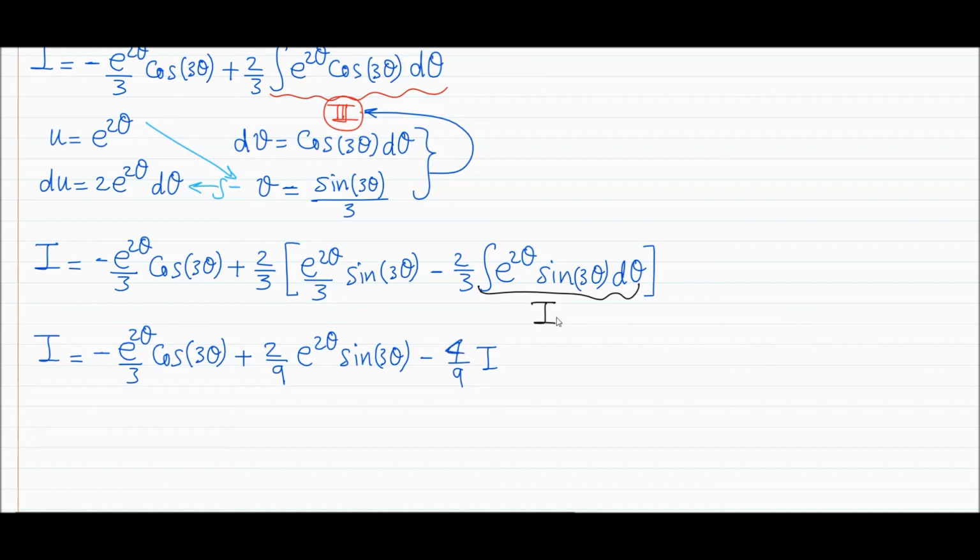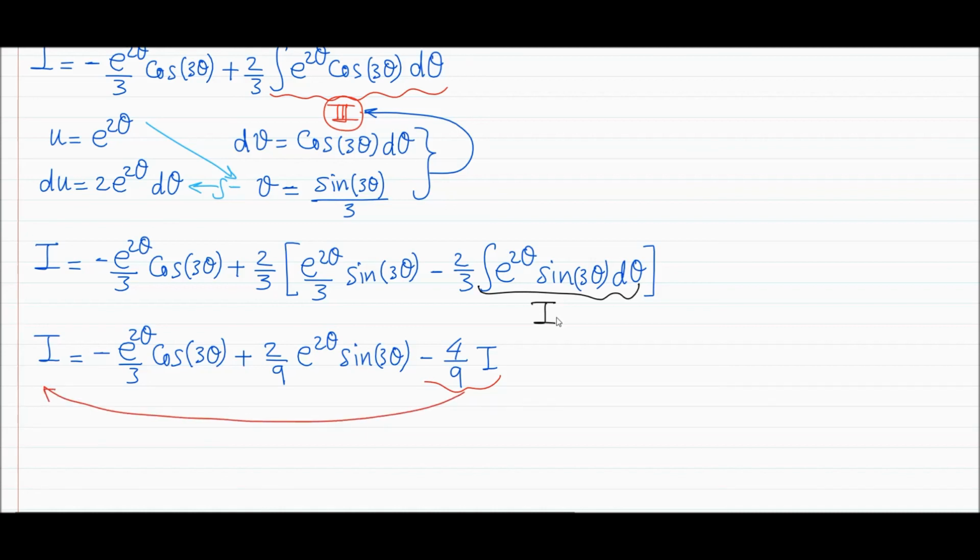This is 4 over 9 I. And do not forget that your main target is to evaluate I. So I have to move this term to the other side with a different sign.